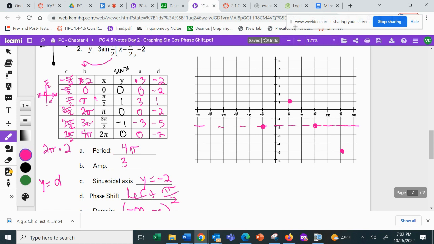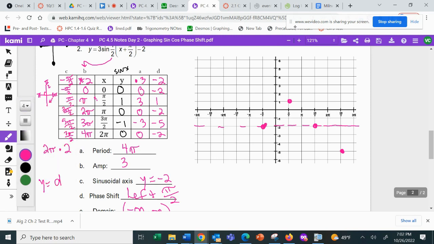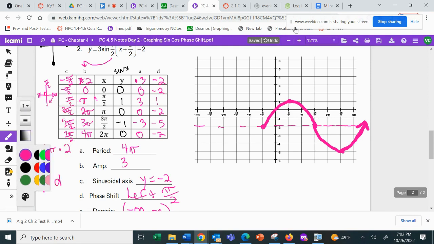If I'm looking at how these are evenly spaced, let me start connecting this here. These are evenly spaced 2 blocks apart. So if I imagine 2 blocks, it would be about here. So I can approximate where it is. But it doesn't really matter because after that, we're going to follow the pattern the other way anyway.